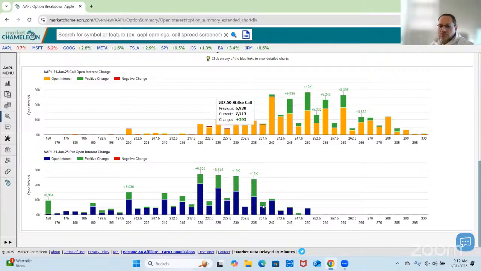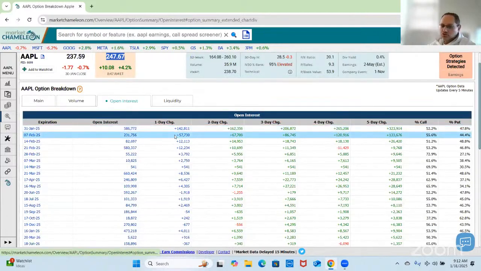Right, so that's where it was, and yesterday's positions increased on those strikes. So that's a quick view of what happened as far as open interest in that expiration in Apple, which was the biggest increase, 142. We could do the same thing on the other ones.